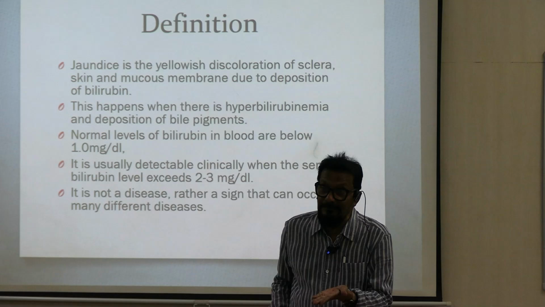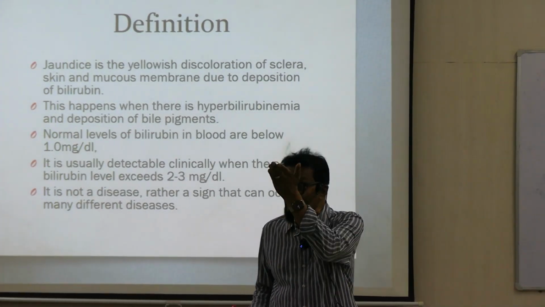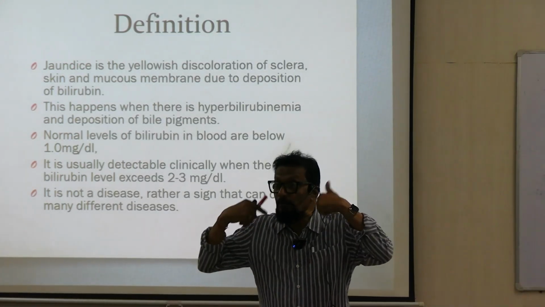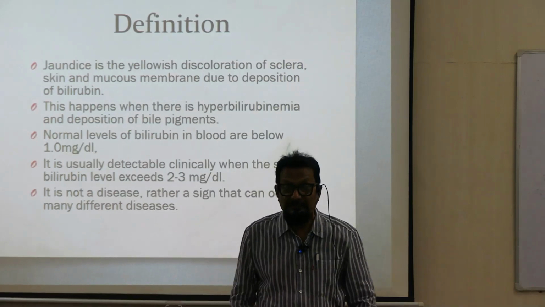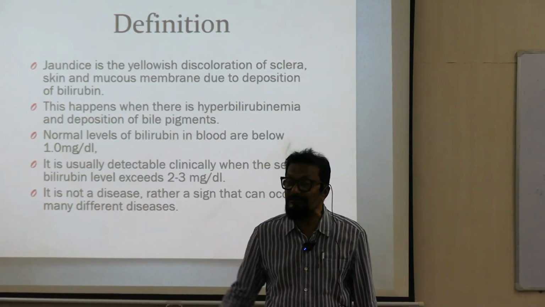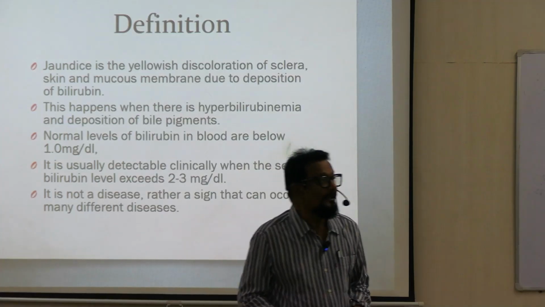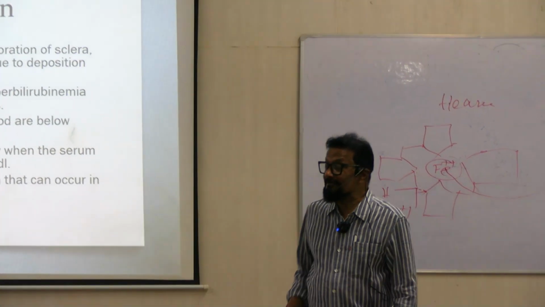If the level rises to about 2 to 3 milligram per dl, then there will be discoloration of the sclera, the skin will appear yellowish, the coloration of stool will change, and the coloration of urine will change. Okay? And this is called jaundice.